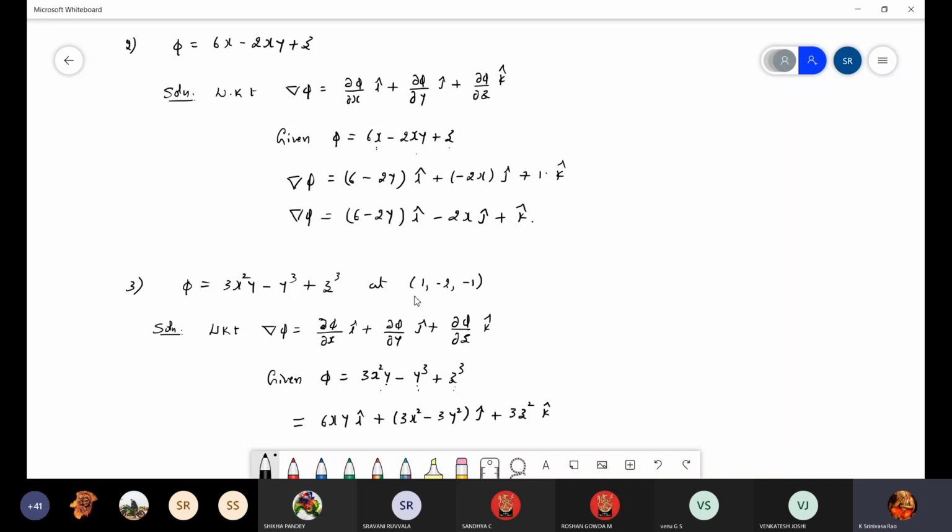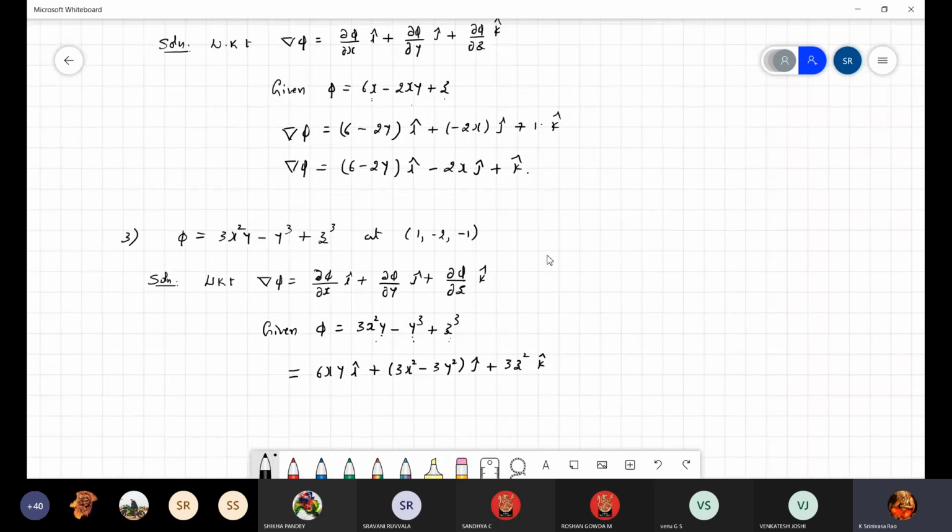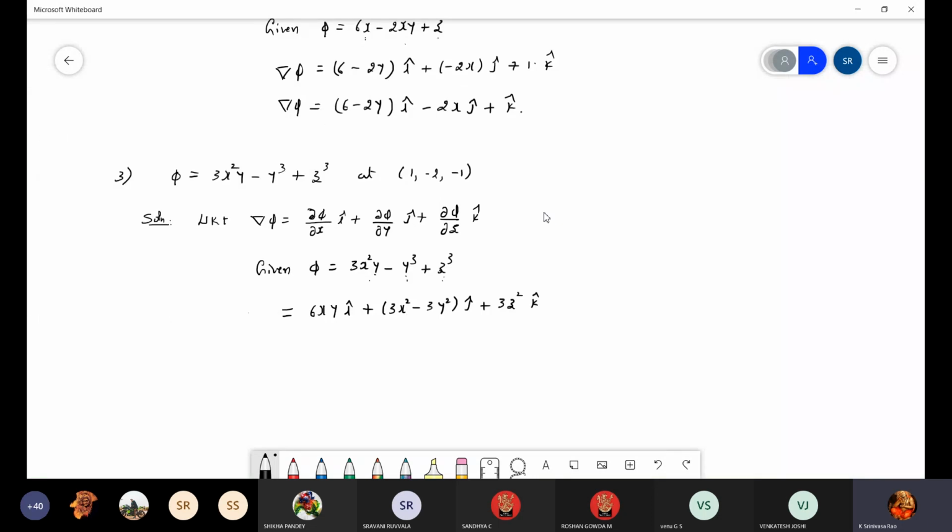So no need to simplify again because directly we got the answer. So this is grad phi. Since they are asking at x equals 1, y equals minus 2 and z equals minus 1, what is grad phi? Calculate and tell me.